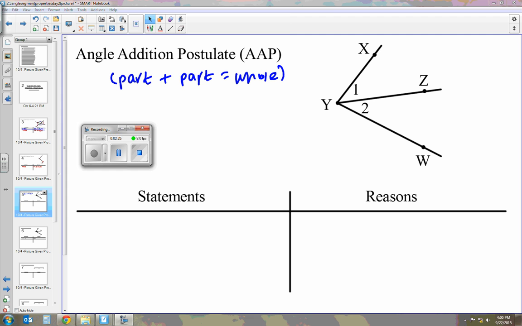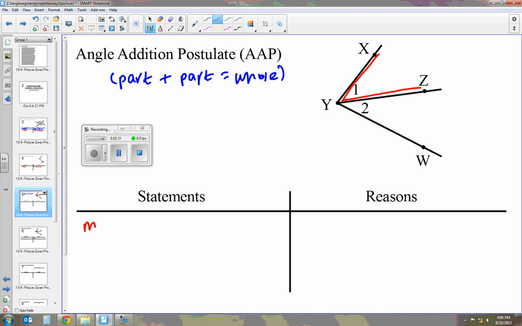So we're going to take the first part of this angle, which is angle 1. So we're going to say the measurement of angle 1 plus the other part, which is angle 2. So we can say measurement of angle 1 plus the measurement of angle 2 will equal the whole thing, which is x, y, w.